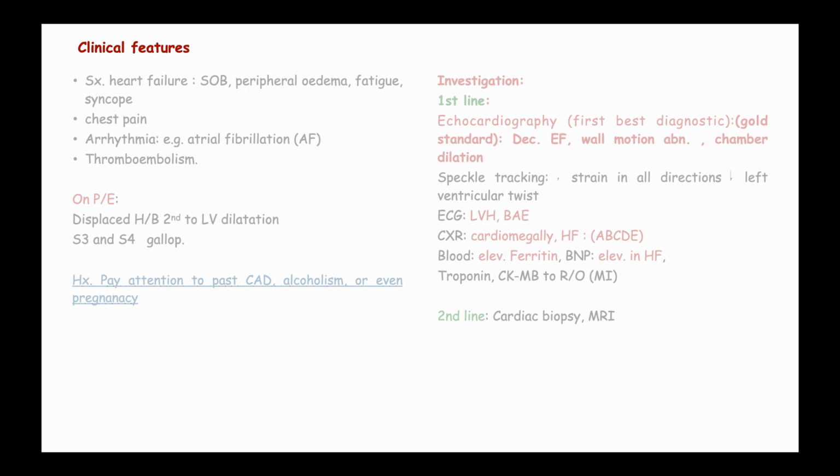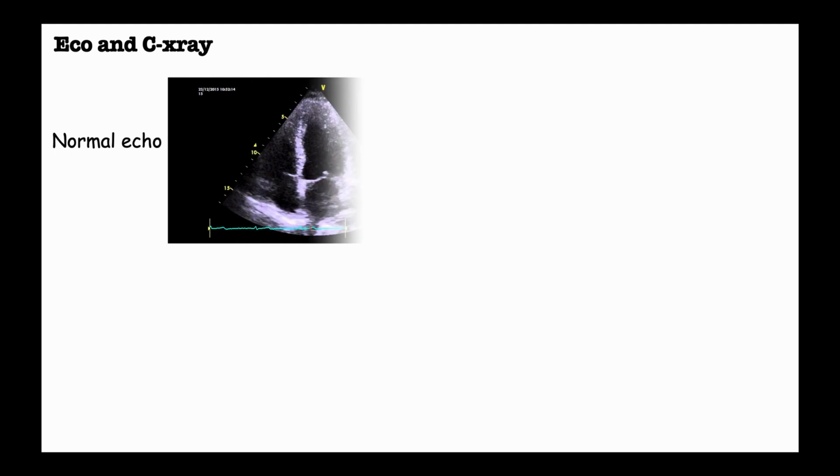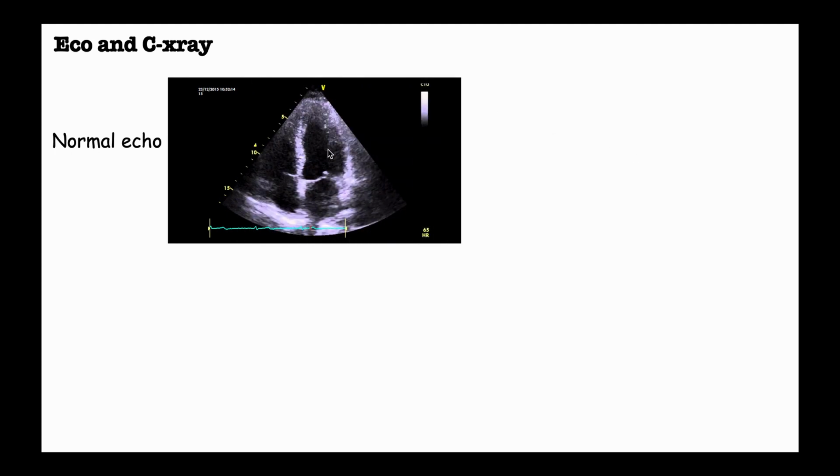Now, after seeing how to diagnose or investigate dilated cardiomyopathy, let's look at some specific echocardiography as well as chest X-ray signs of dilated cardiomyopathy. And so in this diagram, this is a normal echo showing the ventricles which are not dilated.